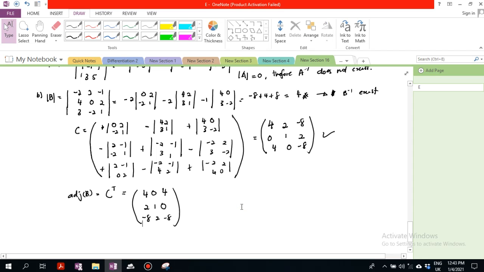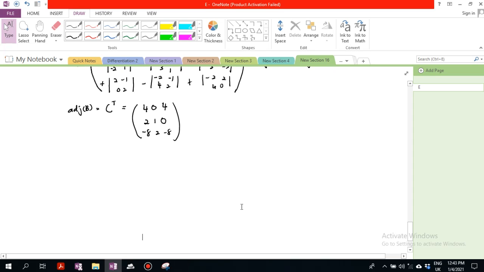Okay, next you need to calculate the B inverse. So your B inverse will be 1 over the determinant of B times the adjoint of B. Okay, this is the formula. So just now we know that the determinant of B is 4, then the adjoint of B is 4 0 4, 2 1 0, negative 8 2 negative 8.